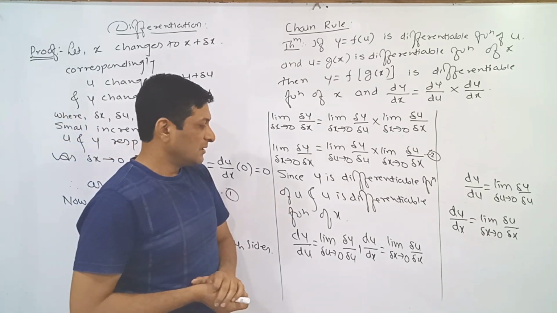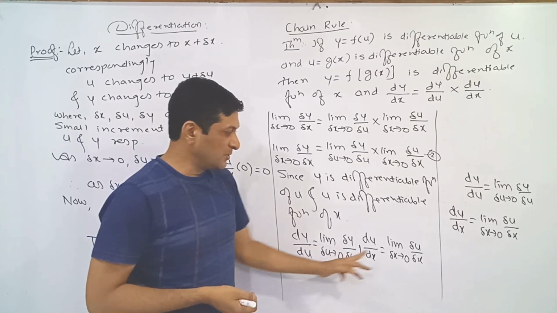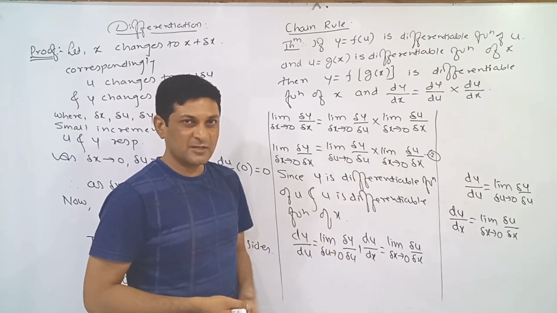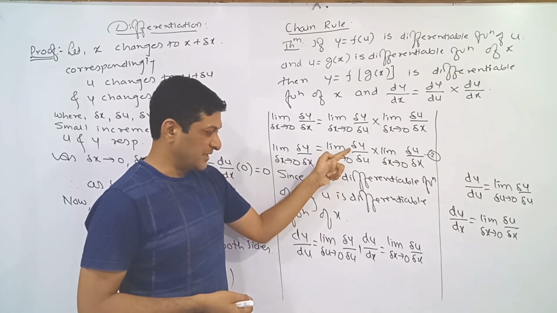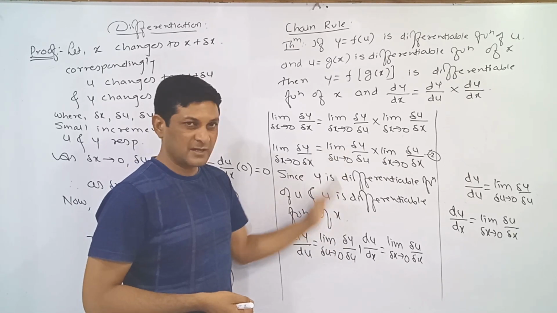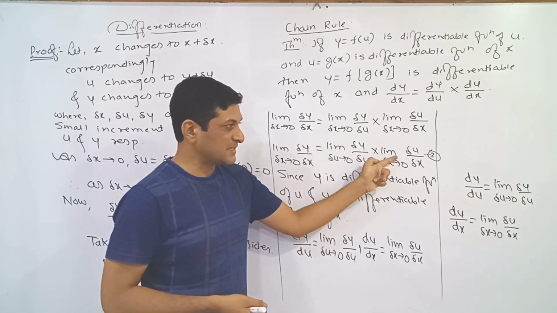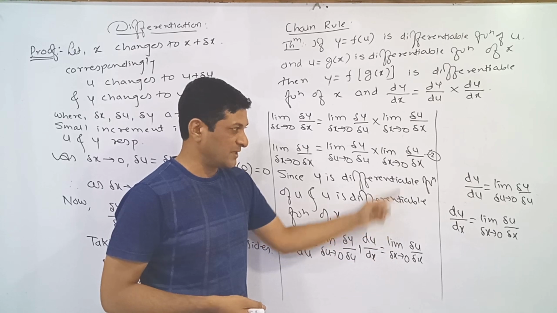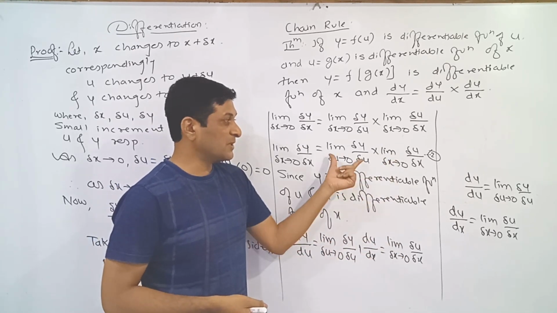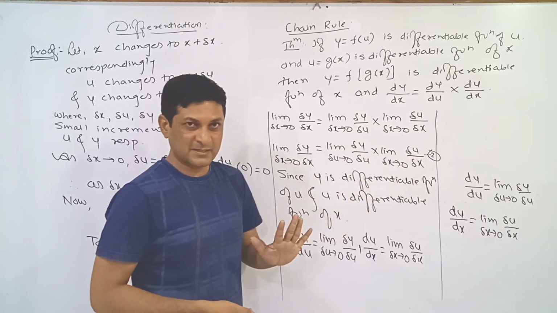Now, if you observe these two limits, check whether the same limits are there on the right hand side of equation number 2. Check that. First limit: is it the first limit? Yes, the same limit is there on the right hand side. If you observe, the second limit is the same one here. According to the given condition, these two limits exist.